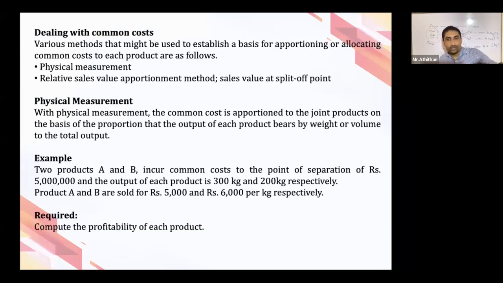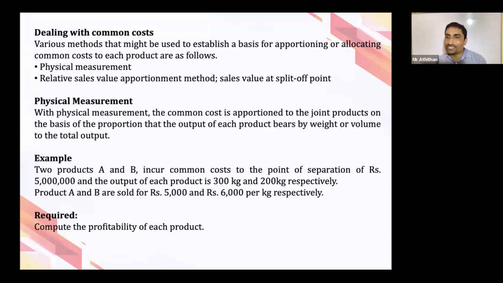Right? So go through the question again. I'll explain this. Right, we will try to understand the question. Two products A and B, ரெண்டு உற்பத்திகள் இருக்கு, ஏயும் பியும். எங்களுக்கு தெரியாது அது joint product by product ஆன்றது.